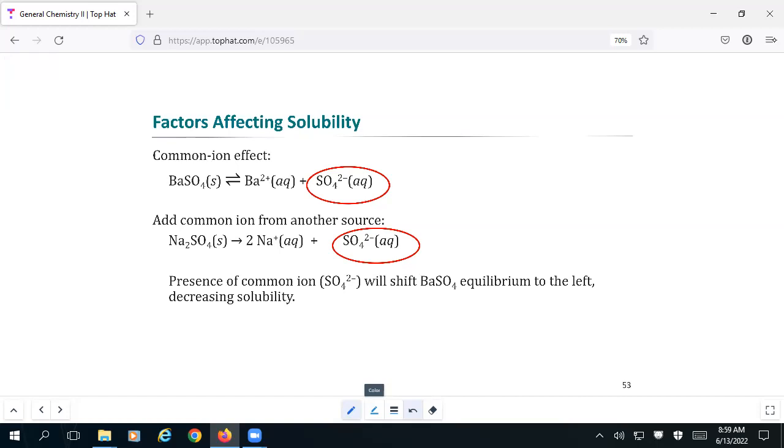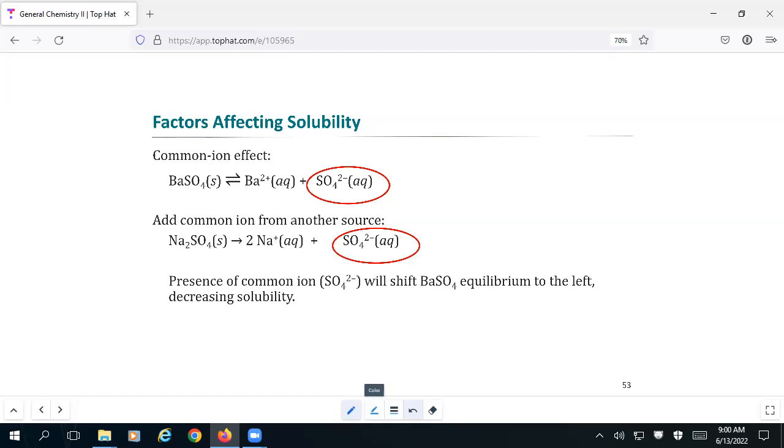So what are some things that can impact the solubility of our substances? Well, the first of them has been the subject of this entire chapter, the common ion effect. If I introduce another solution that shares a common ion with the salt that I'm trying to dissolve, that is going to make that salt less soluble.